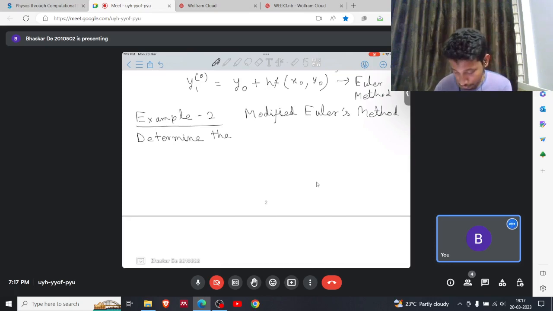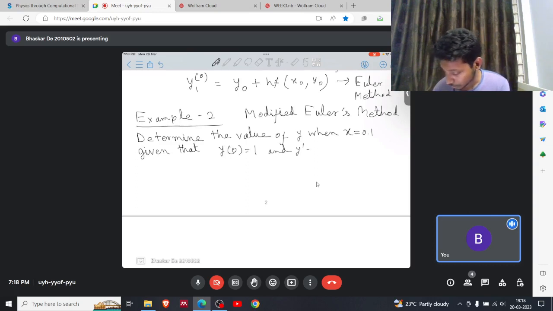Determine the value of y when x equal to 0.1, given that y0 equal to 1 and y dash equal to x square plus y.